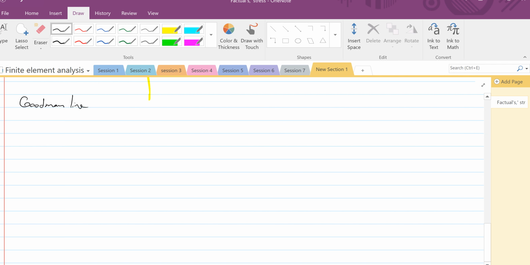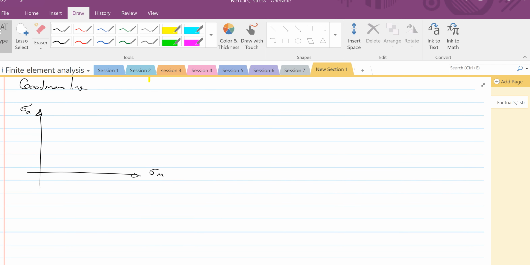So this is sigma A and sigma M. Goodman said, we know that for static one, we have this ultimate stress important. For cycling one, endurance limit is important. Let's connect those two.